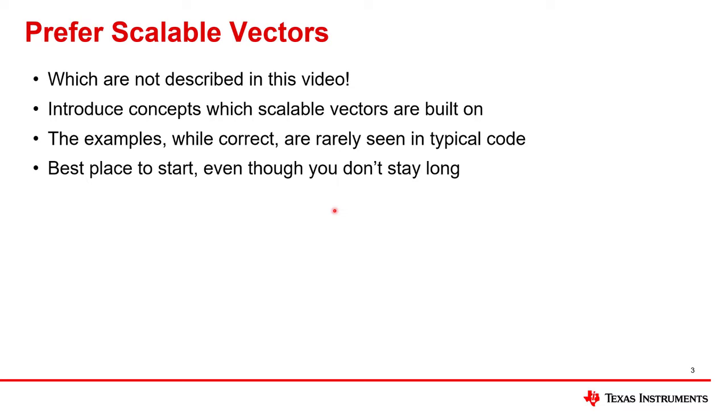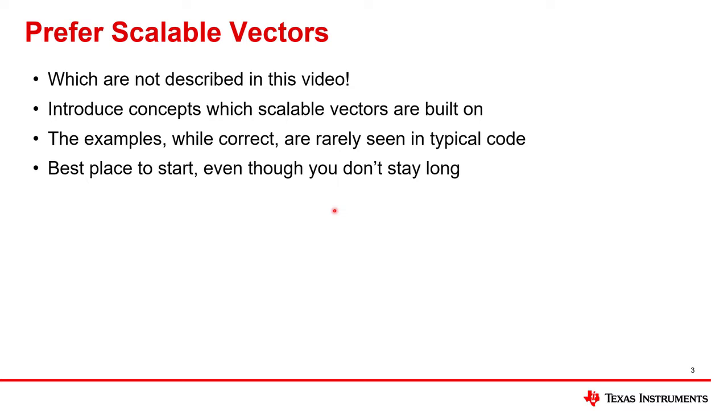Nonetheless, these examples and these concepts are the best place to start, even though you don't stay at this conceptual level for very long. A rough analogy is to compare arithmetic to algebra. Arithmetic is the first sort of math you learn, your 1 + 1 = 2 examples.